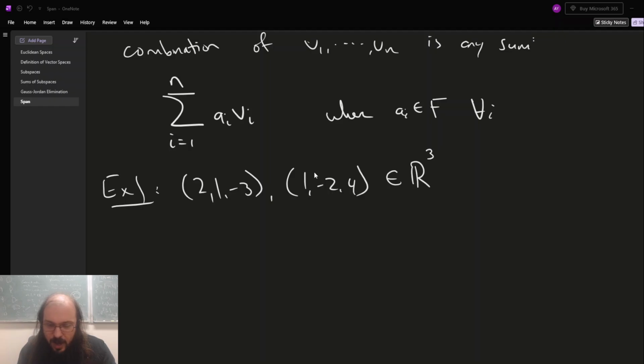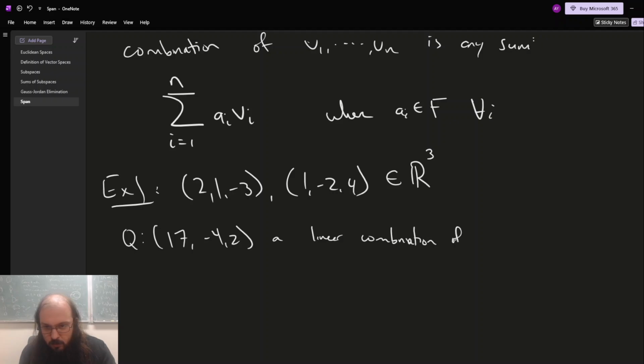Now, we can ask ourselves whether or not any particular vector is a linear combination of these two. So here we have a question. Is (17, -4, 2) a linear combination of, and let's call this one v1 and this one v2? And let's see if we can figure this out.